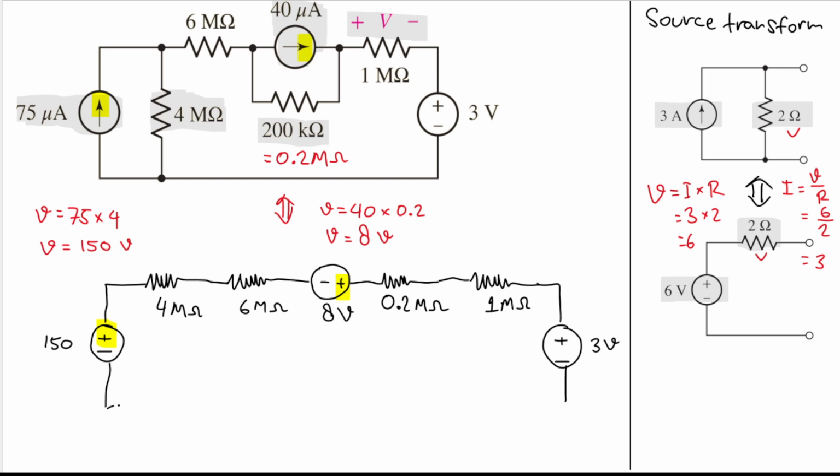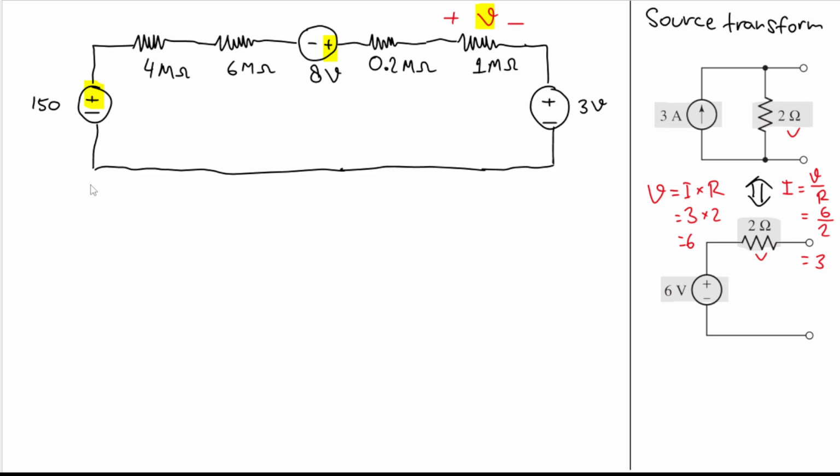Okay, so now we have our completed circuit here, like this. And we are looking for this value here, V. Okay, maybe let's clean up our slide first, and we need to find out what V is. Okay, let's see what we can do from here. Okay, now we have this.